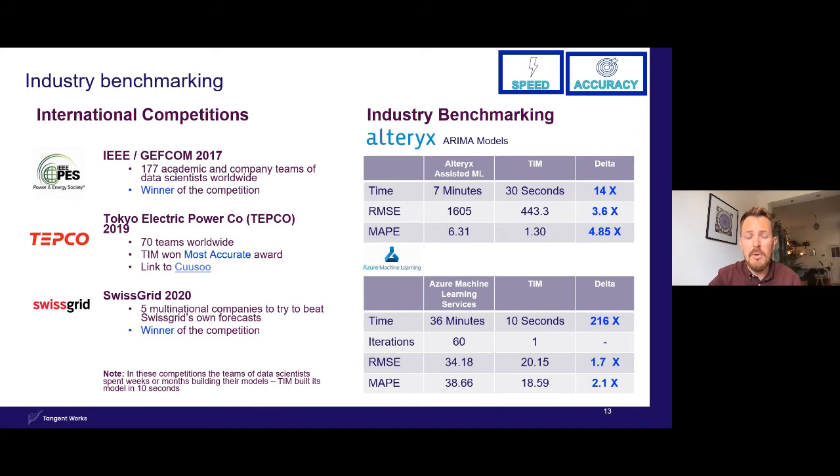Compared to AutoML, like the capabilities in Azure Machine Learning or Alteryx, we see that our approach works much better. Of course, these platforms work with many other data types. They're much broader platforms, yes. But for time series, for forecasting, for anomaly detection, instant machine learning works better.